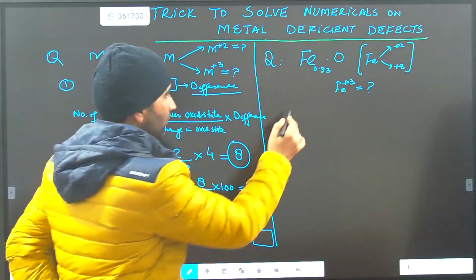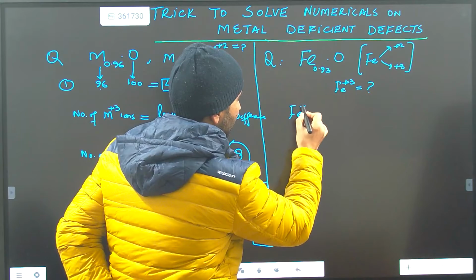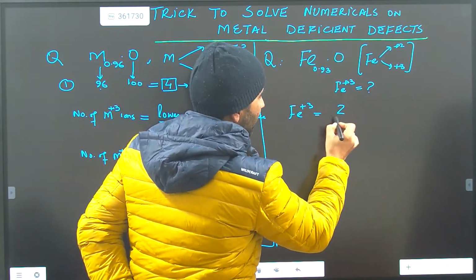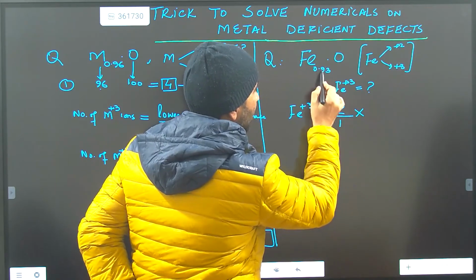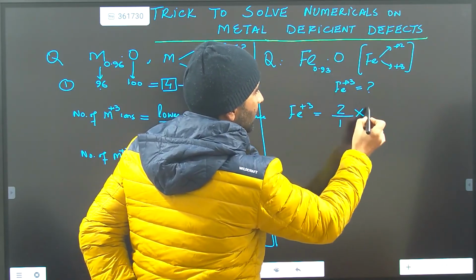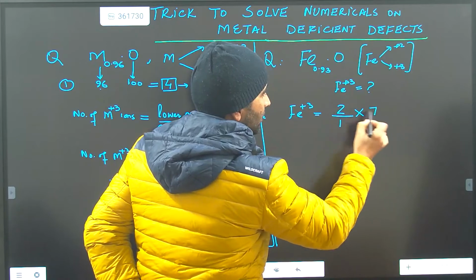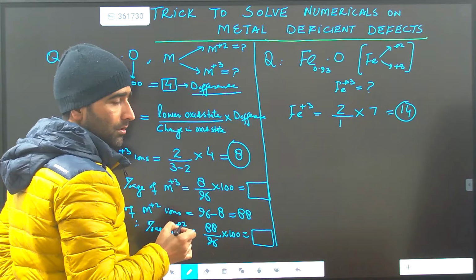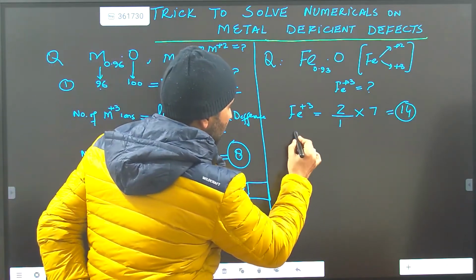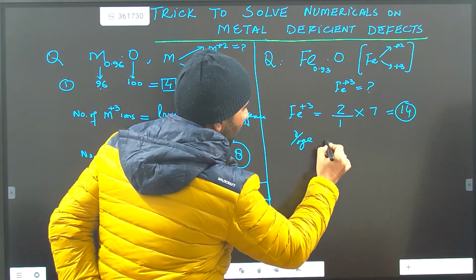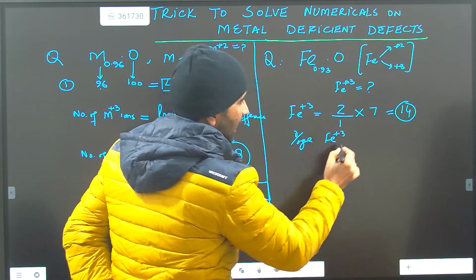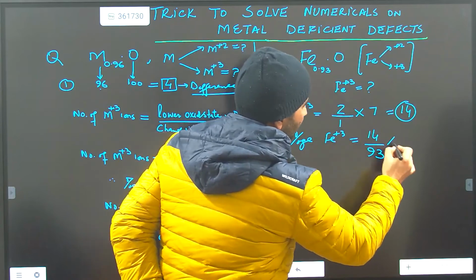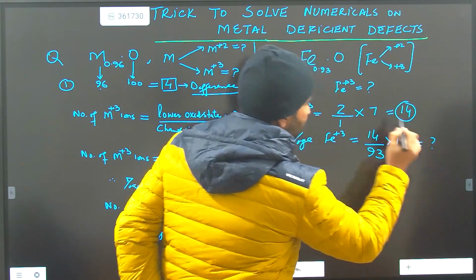So immediately you will find the Fe plus 3 कितने हैं ये, that will be equal to lower oxidation state means 2, divided by change in oxidation state is 1, multiplied by the difference 100 minus 93, that will be 7. So this will be 14 number of ions as the Fe plus 3 ions. So percentage Fe plus 3, that will be equal to 14 divided by 93 total में metal ions है, multiplied by 100, and this will be your answer.